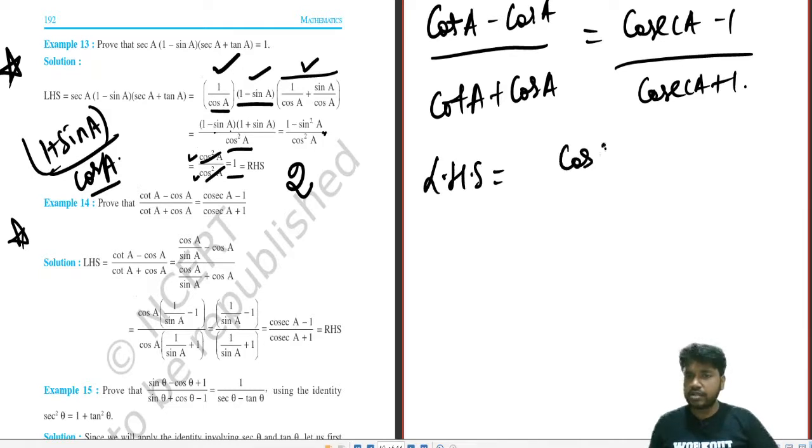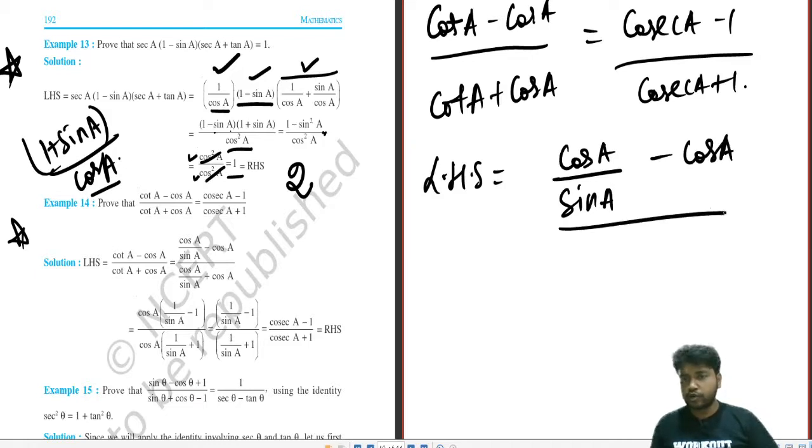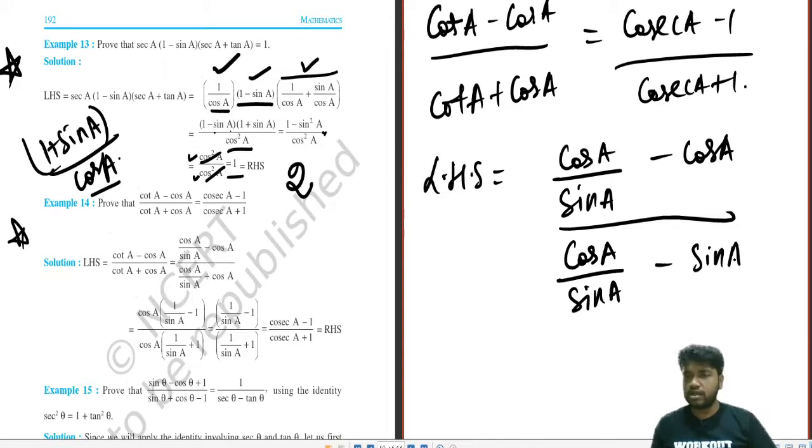We can write it as cos A by sin A for the cot A, and we'll keep cos A intact. The first rule for trigonometry, which till now I haven't told you, is that we can write tan A and cot A in this form in the maximum of cases. Like cot A and tan A are to be opened to cos A and sin A. This has been done by the NCERT book according to the rule.